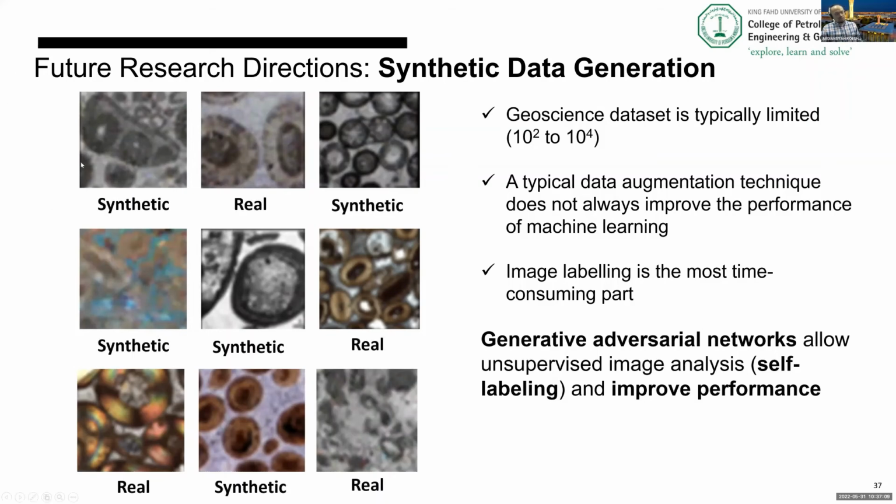As you can see, some of the synthetic looks quite real, and some of the real images actually look quite bad, which means they look almost like synthetic datasets. This is quite interesting. And once you can do this, it means you can generate almost unlimited datasets, right? And it's already labeled, because this all comes from a specific group.